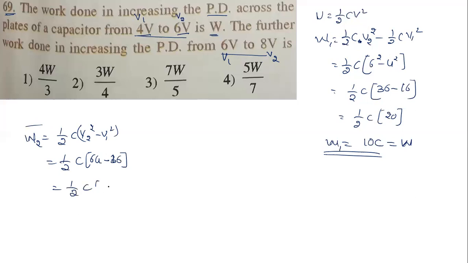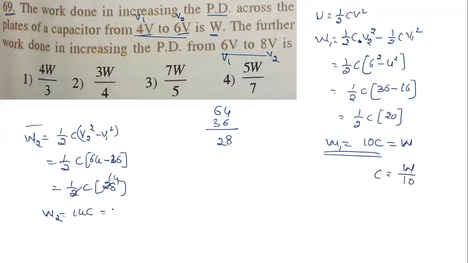So this is 1 by 2 C times of 64 minus 36, which is 28. It is going to cancel by 2, so it will be 14 times C. That is W2. From this, I can say C equal to W by 10, right?